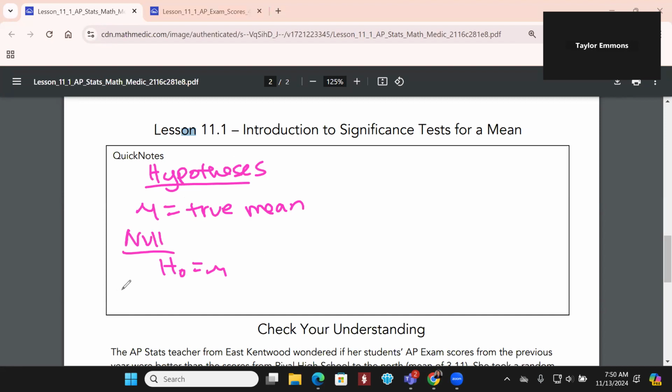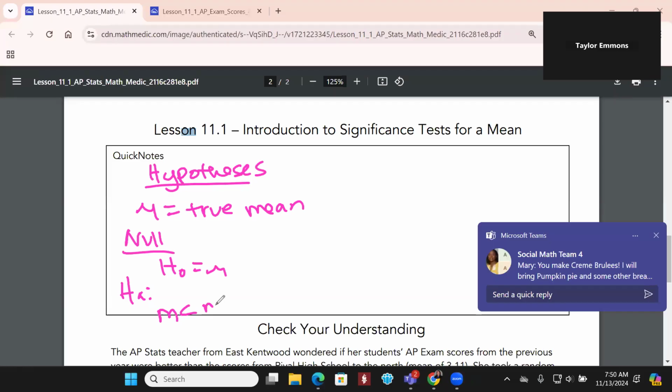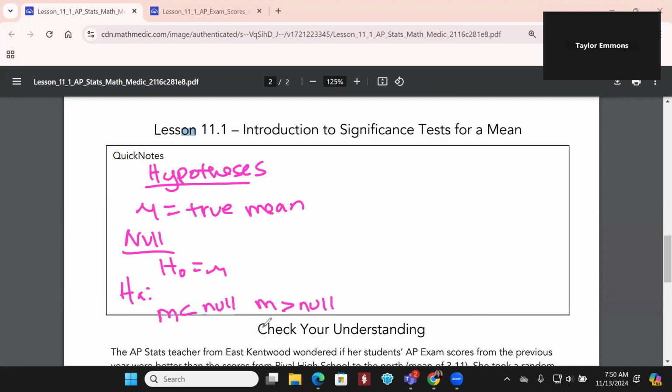We talked about the alternatives. So that means that mu is either less than the null, or mu is greater than the null, or mu does not equal the null. I do want to point out that this one is one-sided. This one is two-sided. So remember two-tailed tests and that kind of stuff. That's where this comes in.